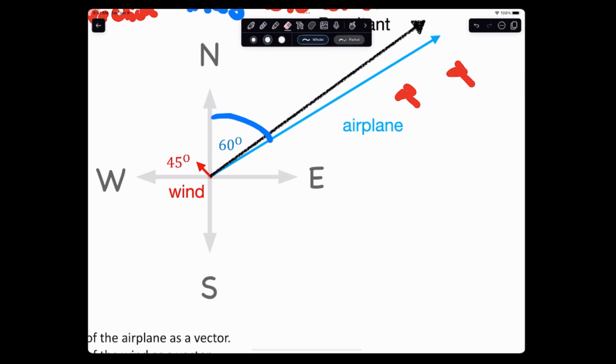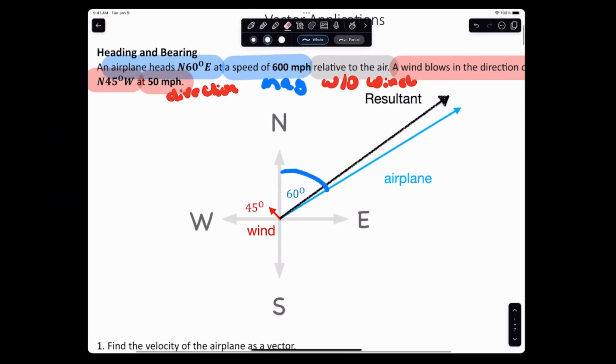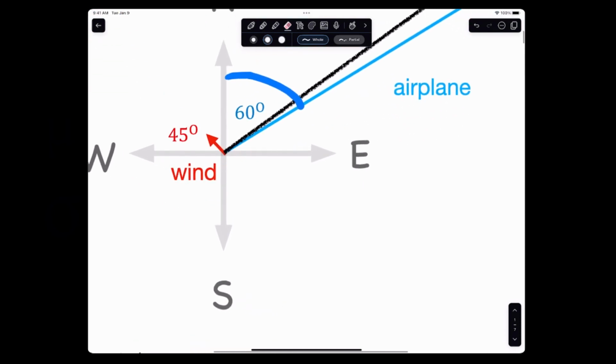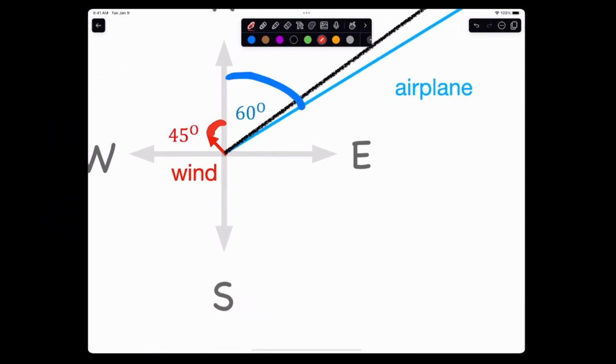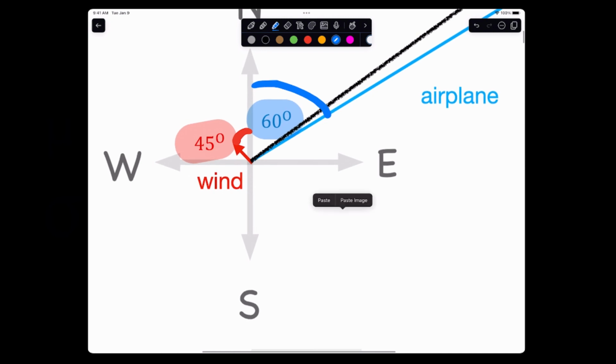So that's kind of the wind idea. We took one of those winds and said northwest. Well, what's that angle? 45 degrees. Here is the wind vector, the direction. This is the airplane vector without the wind. Okay, you guys okay with that? This is a 45-degree angle right here. That's going to be important for us.